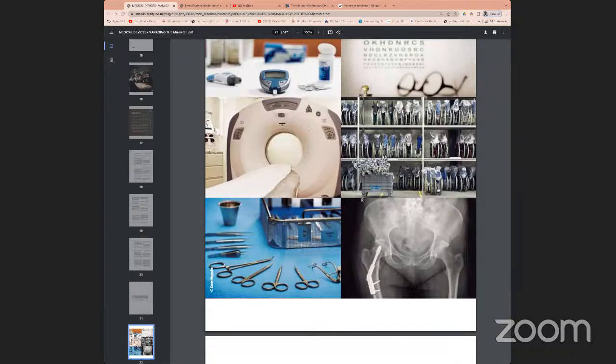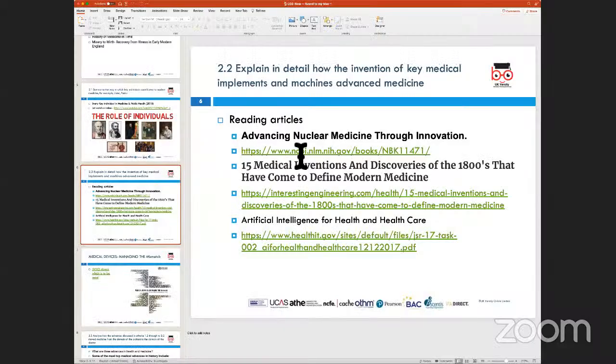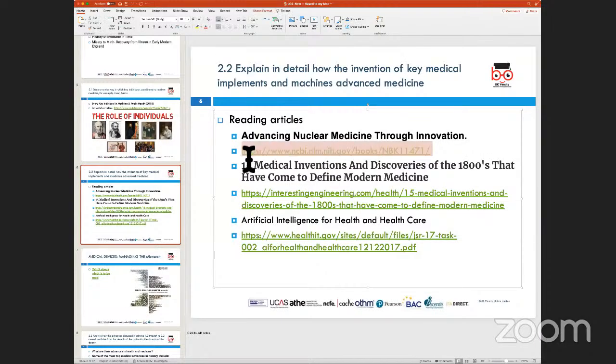So if I switch you over now back to the slide, we look at these three different articles. One is the article which I showed, which was the table that you need to look at, understanding how we can divide some of these things which have happened.